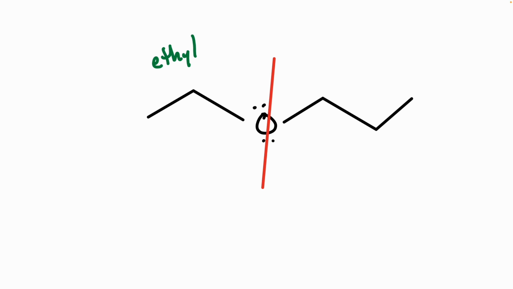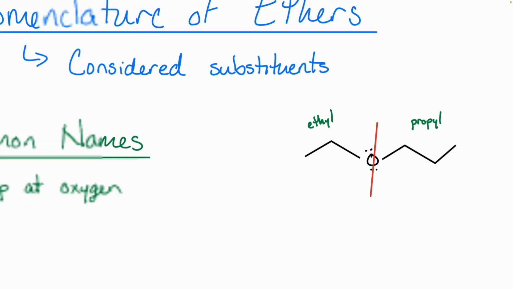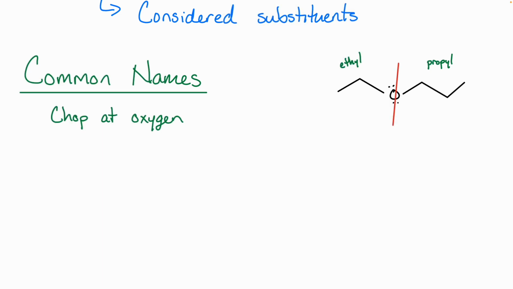For three carbons, a propyl group. So we're going to chop at our oxygen. We're going to name our alkyl groups. And then we're going to assemble those alkyl groups in alphabetical order, followed by the word ether.